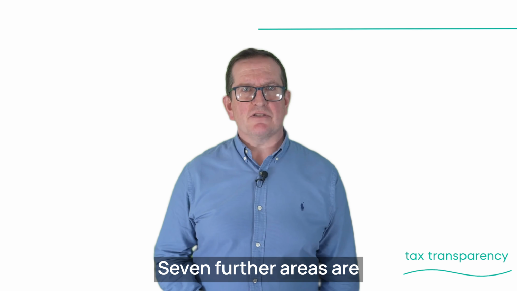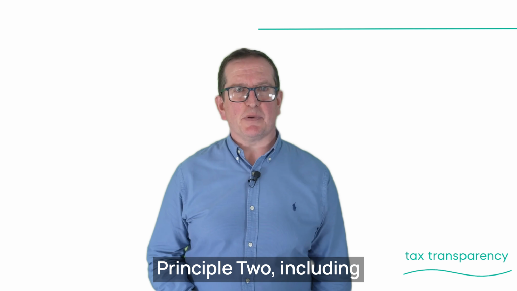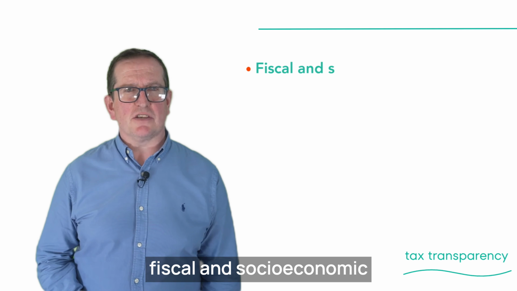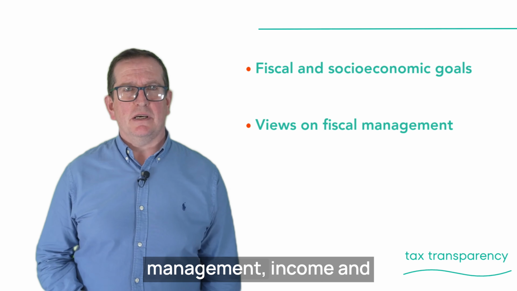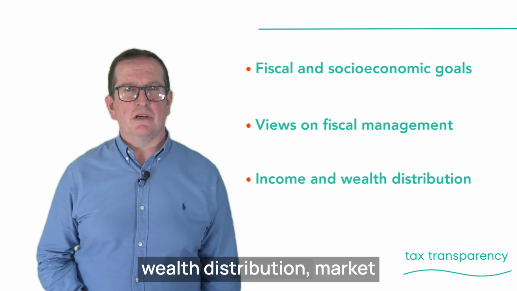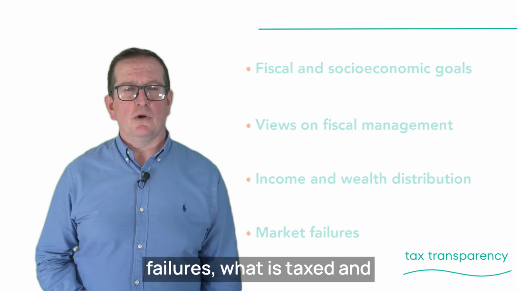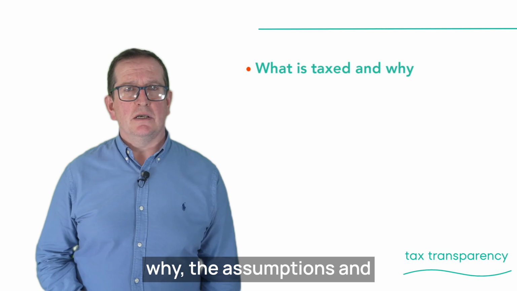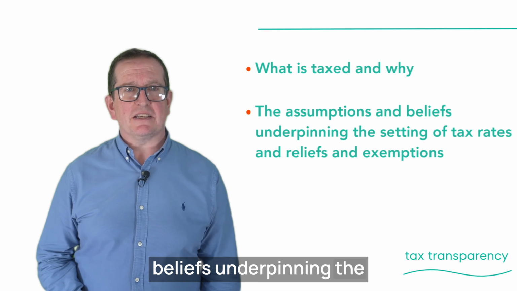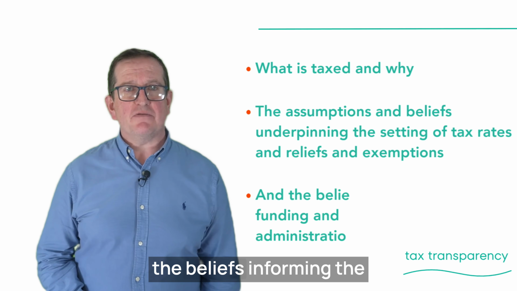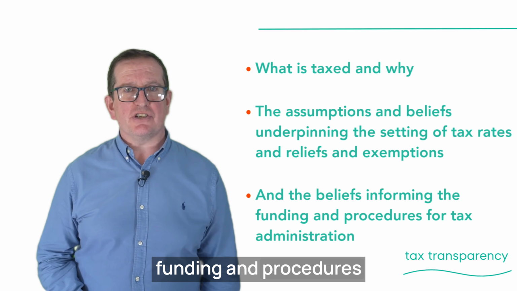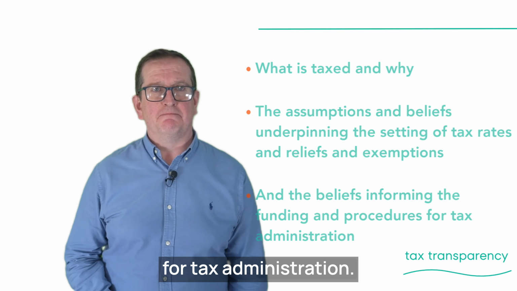7 further areas are specified in relation to Principle 2, including fiscal and socio-economic goals, views on fiscal management, income and wealth distribution, market failures, what is taxed and why, the assumptions and beliefs underpinning the setting of tax rates and reliefs and exemptions, and the beliefs informing the funding and procedures for tax administration.